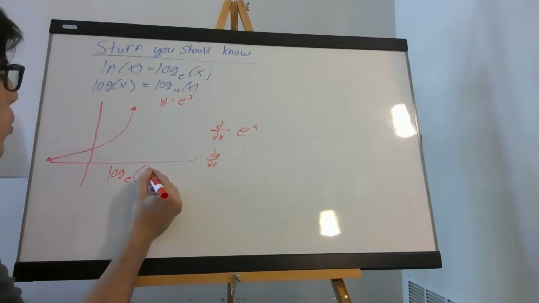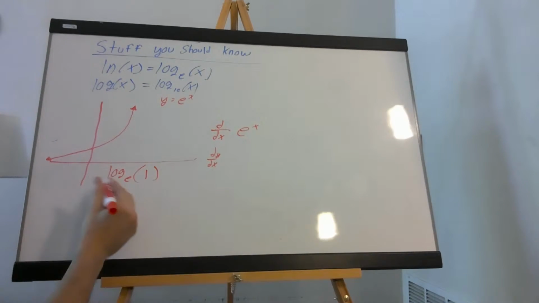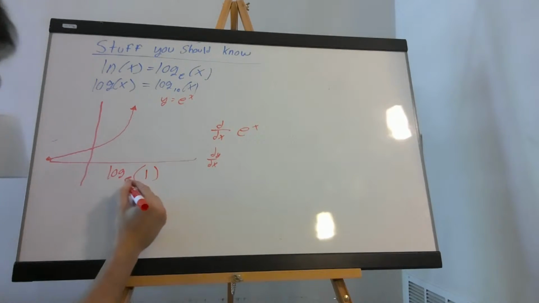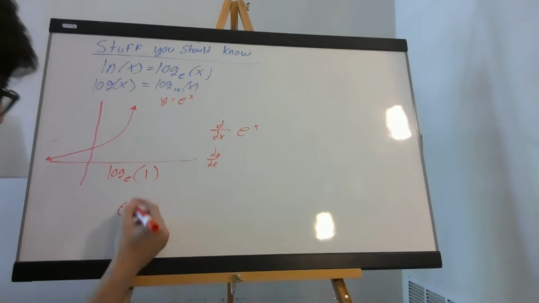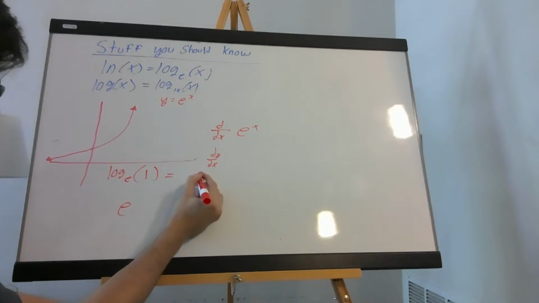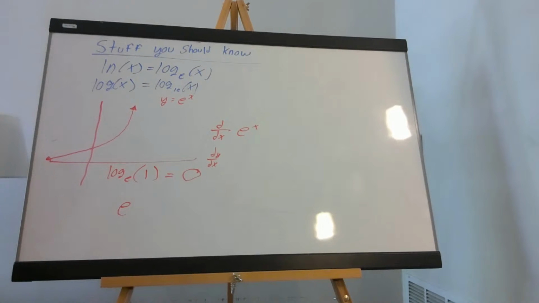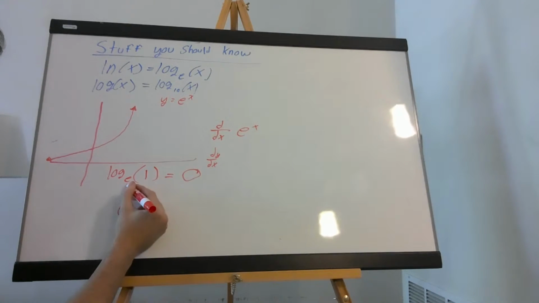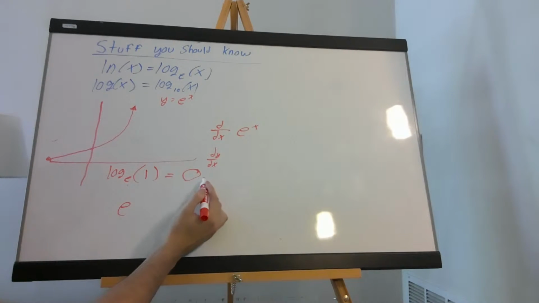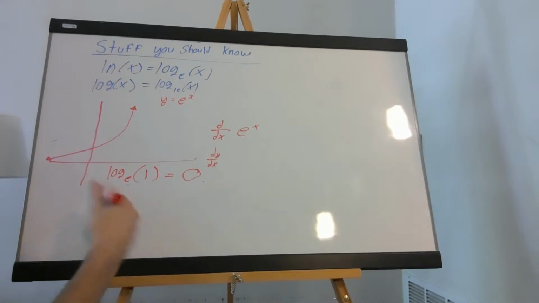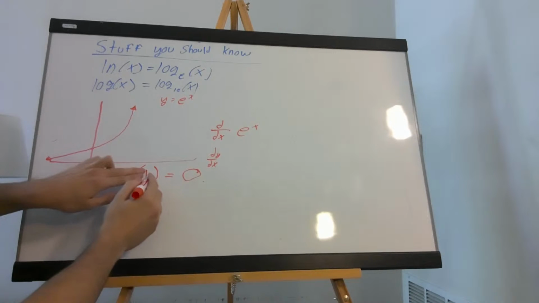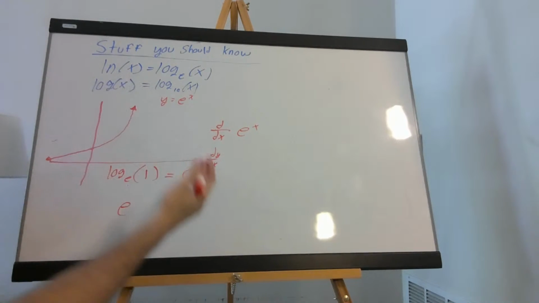No, we'll say 1. So this right here, we're basically saying e to the power of, and we'll say it equals 0, because anything to the 0th power is 1, right? So we're saying that the base raised to this power is going to give us the answer.